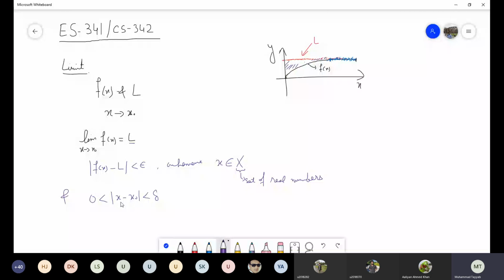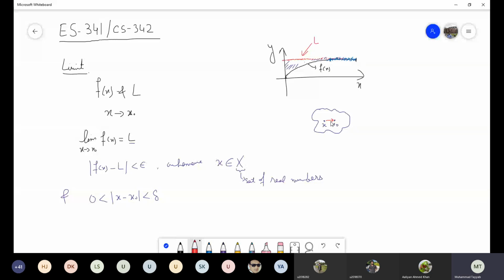Basically this x minus x naught comes from this one, because अगर आप ये देखें, let's say this is any irregular shape, and this is the point, let me call it x, and this is the point, let me call it x naught, and eventually this point x is approaching x naught.